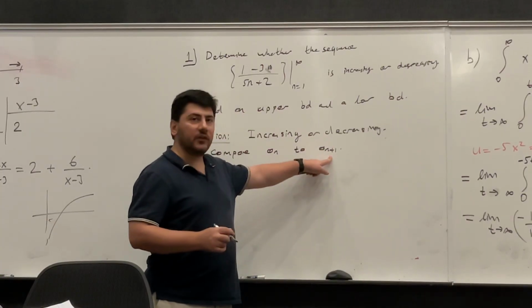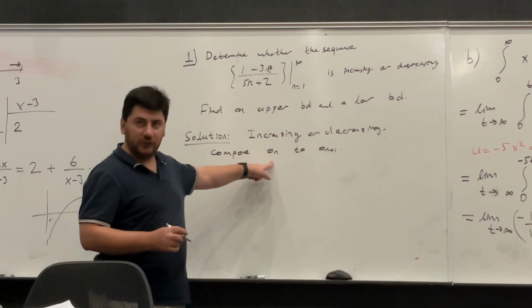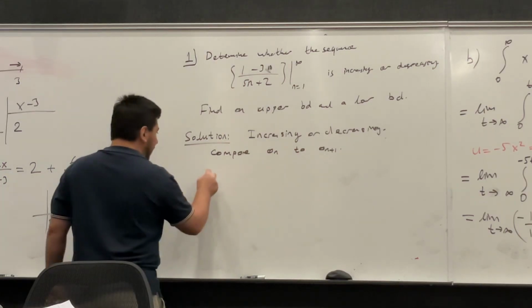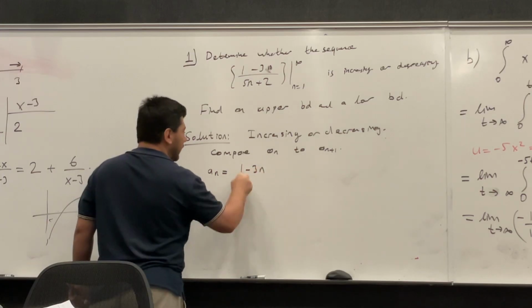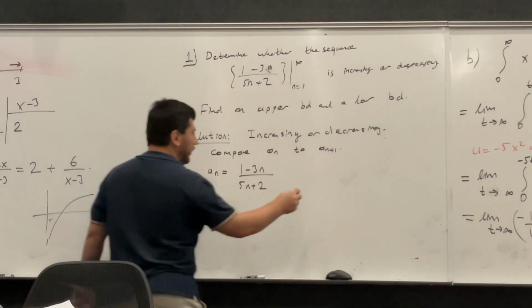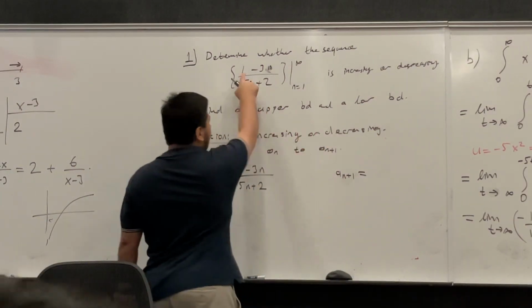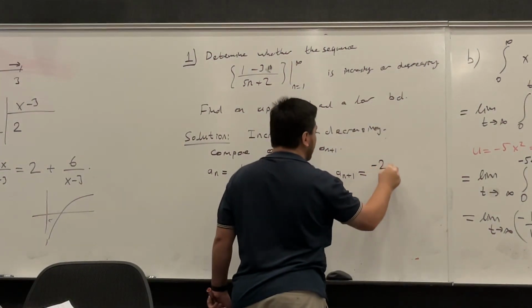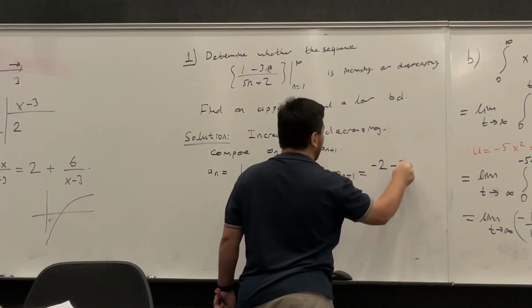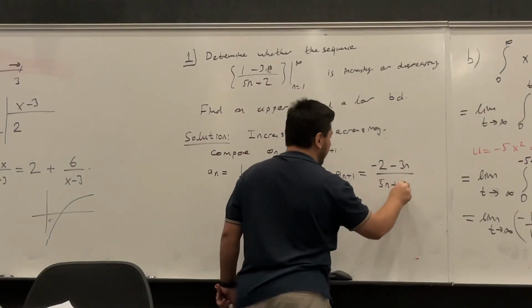If an plus 1 is smaller than an, then it's decreasing. So let's write what an is. an is 1 minus 3n over 5n plus 2. What's an plus 1? We replace n by n plus 1. Therefore, this is going to be minus 2 minus 3n over 5n plus 7.